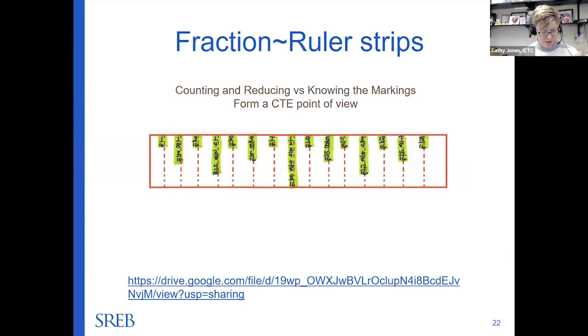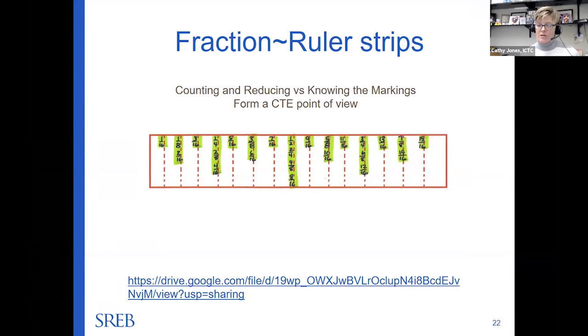My daughter is in middle school right now, and she was taking a technology class, and her teacher was teaching her how to count tick marks to measure. So she would count the tick marks and get 10/16, and then he would have them reduce it to 5/8.